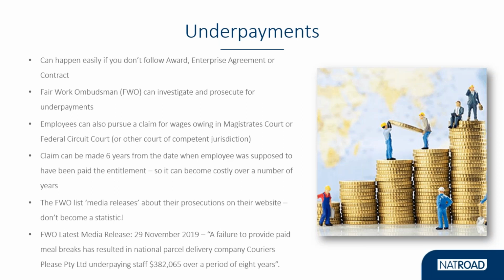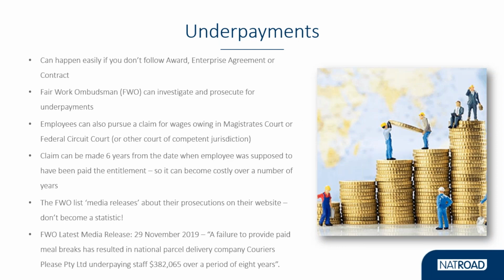Employees themselves can also pursue a claim for wages in a magistrate's court in each state or the Federal Circuit Court. And I do note that there's other courts of competent jurisdiction, because in some states there's specialist industrial courts which they can make their claim in as well.